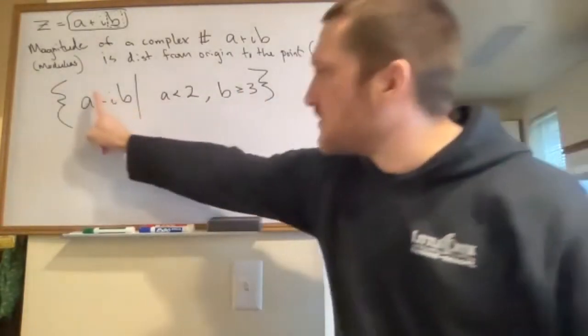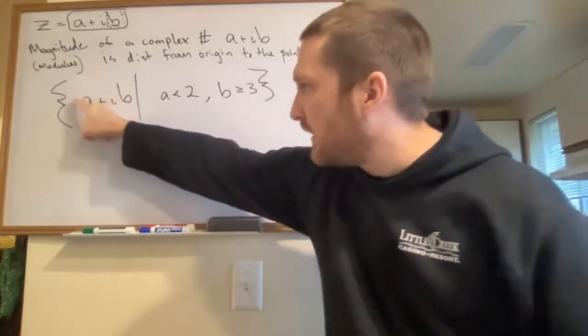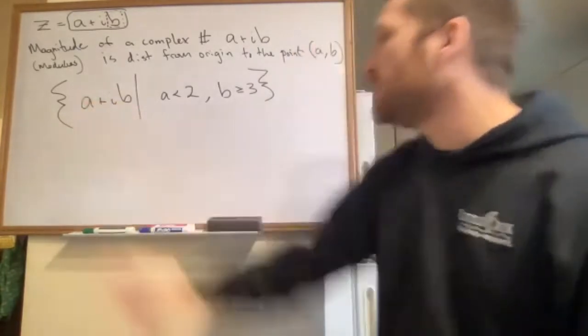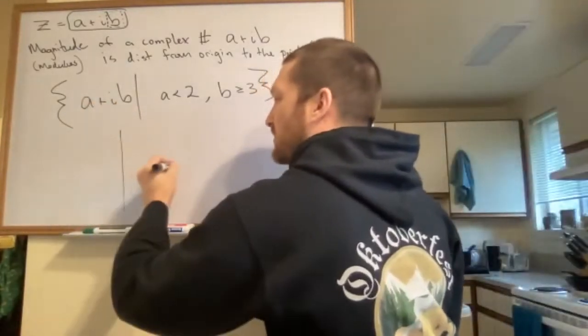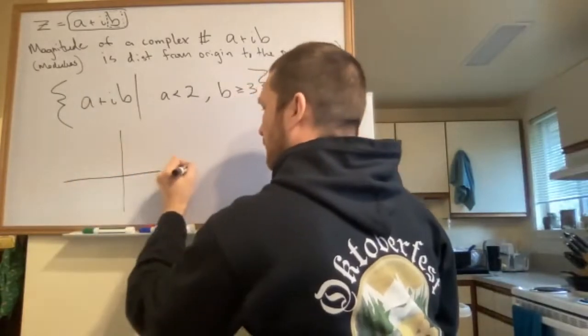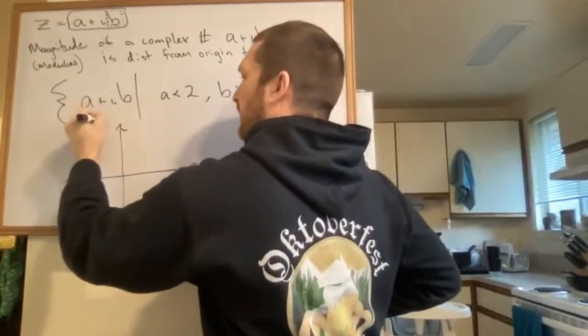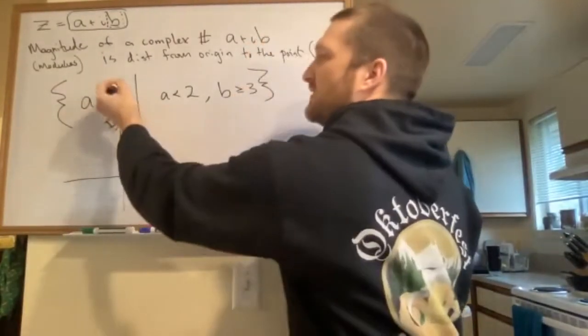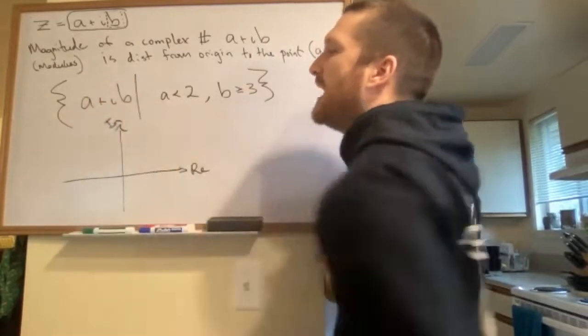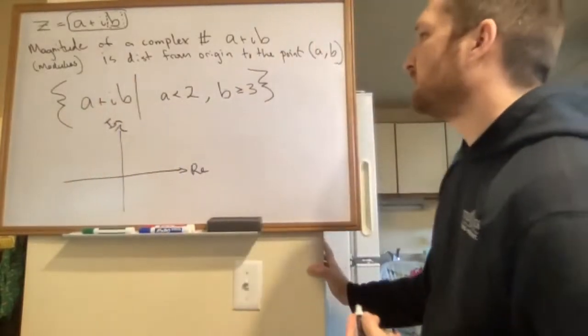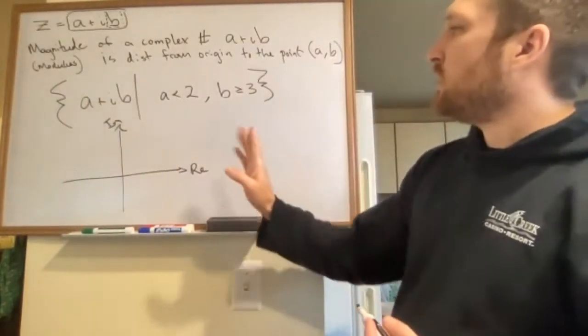We know that A corresponds to the real value, which is the horizontal axis. The vertical is the imaginary, so B is the imaginary value.